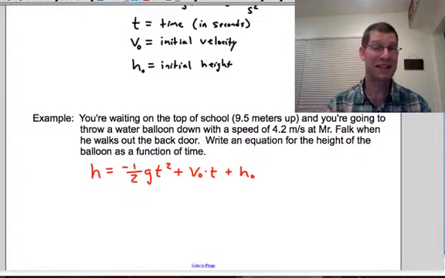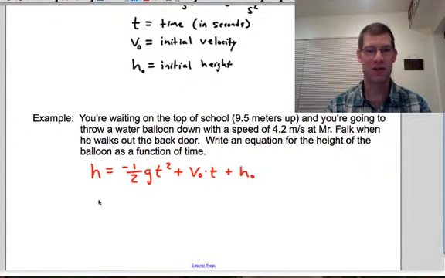Sometimes I've put on a test before, that somebody drops the ball, thinking, hey, I'm making it easier for people. And then I get people making all kinds of crazy things up for this middle section. Well, if you're just dropping the ball, your initial velocity is 0. And 0 times any amount of time is going to end up being 0. So this middle part, you just kind of drop out. You can ignore it. In this point, though, we're throwing it down, so that's not going to work.